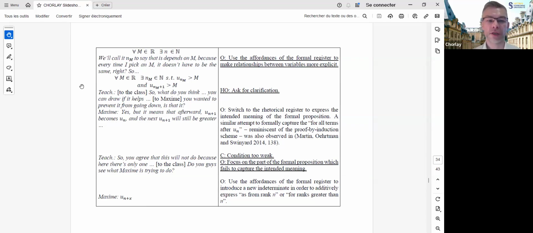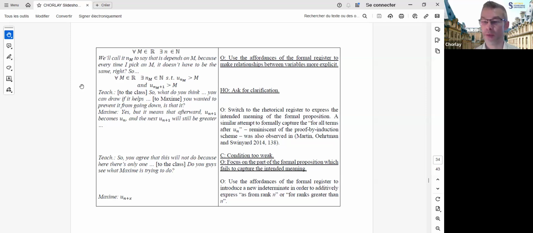So the teacher asked the class, what do you think? You can draw if it helps. You want it to prevent it from going down. Is that it? Yes, but it means that afterward, u_{n+1} becomes u_n, and the next u_{n+1} will still be greater.